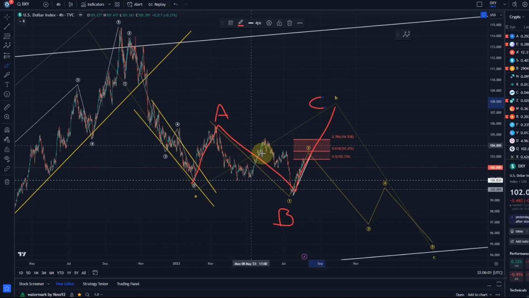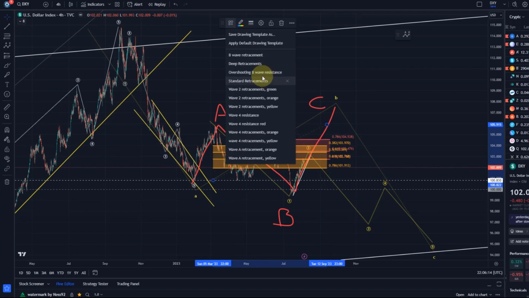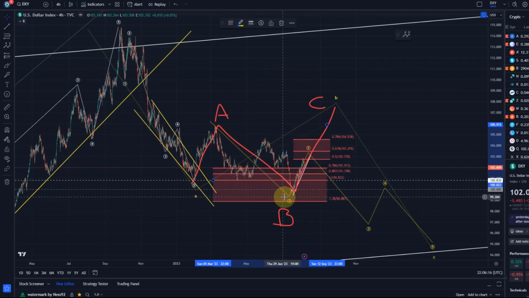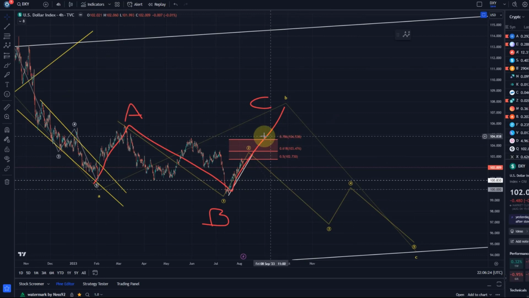Normally in a so-called flat structure, you don't want the B wave to exceed the 1.38 fib retracement of the A wave. And you can see this was well within the limits. That would have been 98.88. So that's all okay. From that point of view, this is a scenario that I'm also observing.